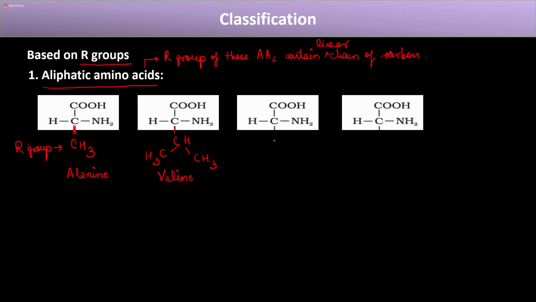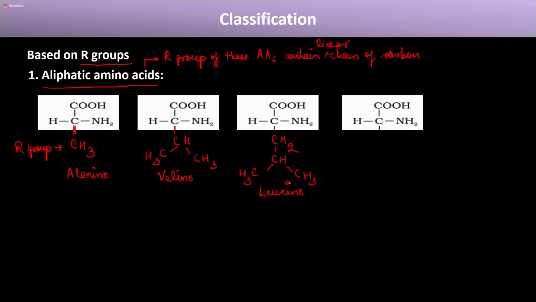Now, the third aliphatic amino acid is CH2CH. Just remember valine, in which you add CH2 at the top. It will become your next amino acid, that is leucine. And the fourth aliphatic amino acid is an isomer of leucine.